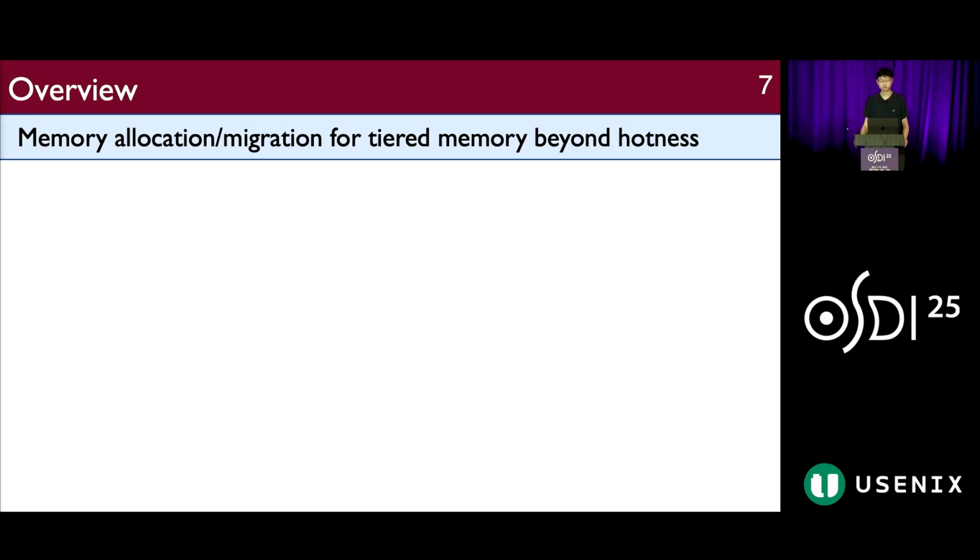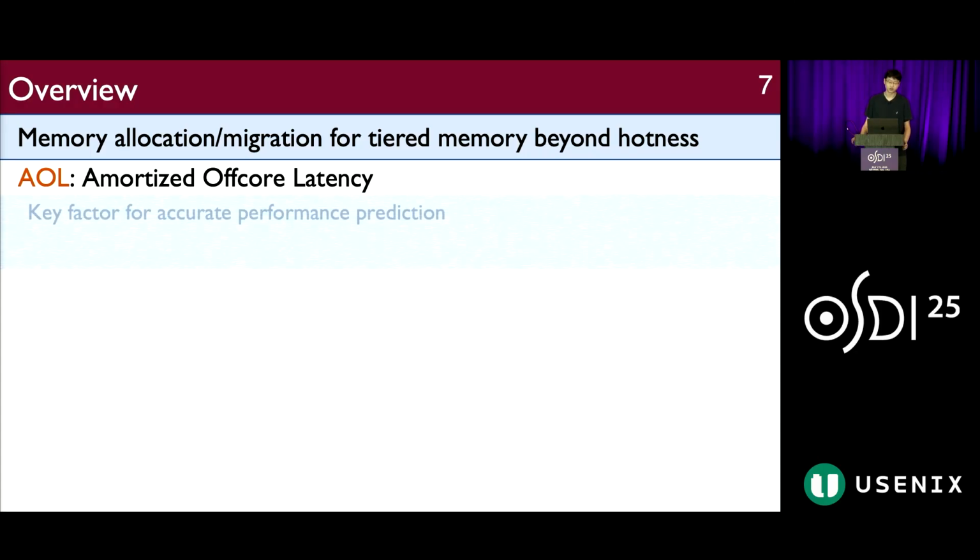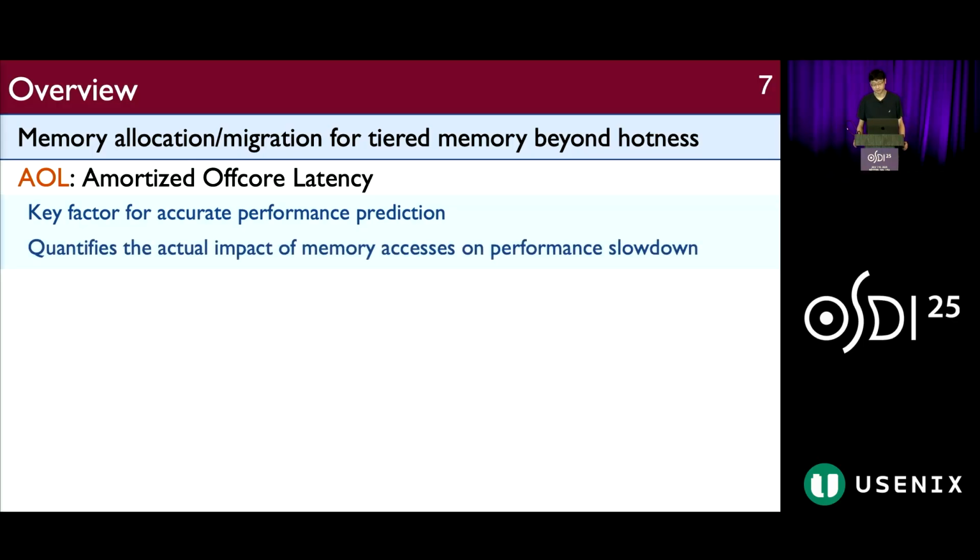In this work, we propose a set of new memory allocation and migration policies that go beyond traditional metrics like hotness. At the core of the policy is a new metric that we call AOL, the amortized offcore latency. AOL allows for more accurate performance prediction by quantifying the true impact of memory access on performance slowdown. And we use AOL to guide both memory allocation and migration.